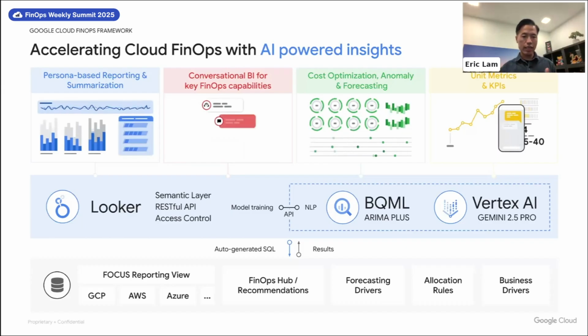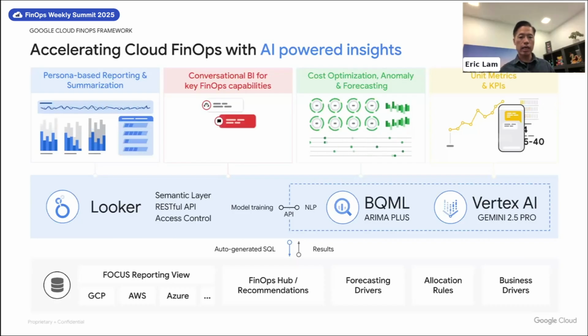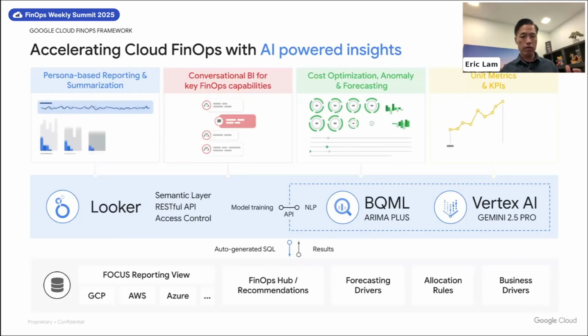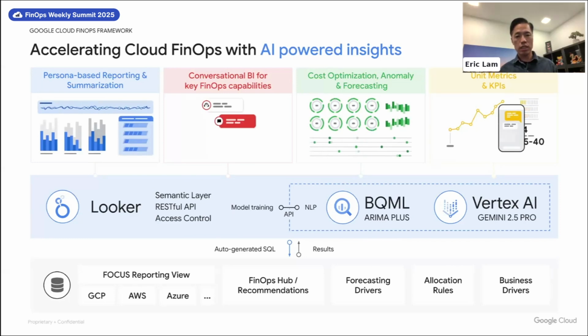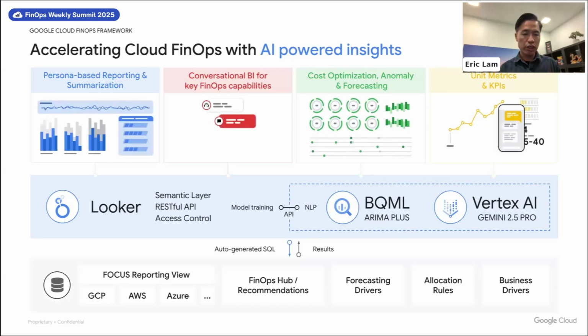Is it gross cost? Is it net cost? Is it cost before tax credit and so forth? So having that semantic layer allows you to define the key definitions so that every single person in your organization speaks the same language.